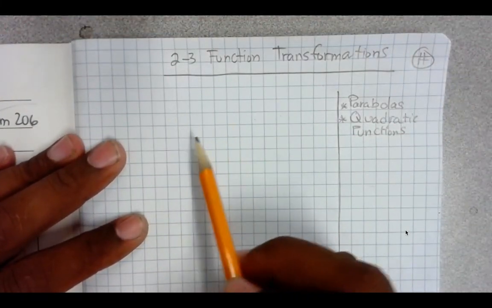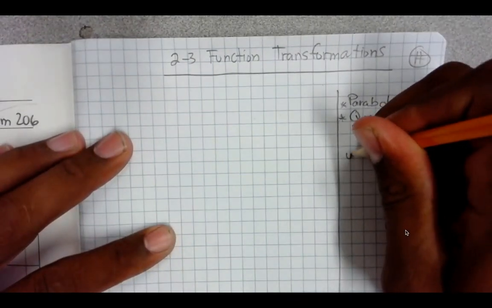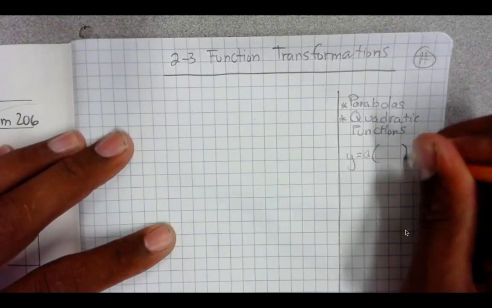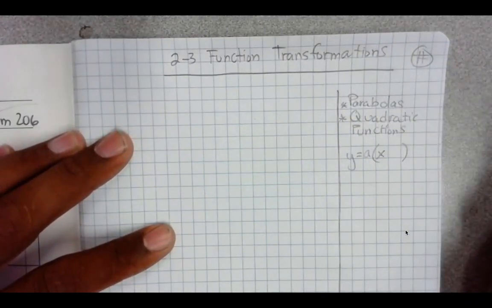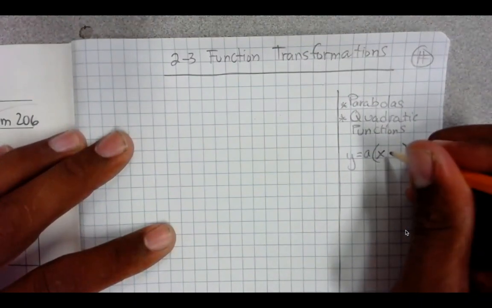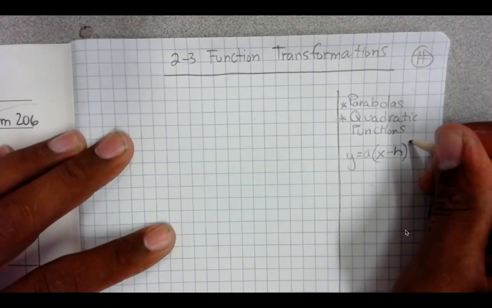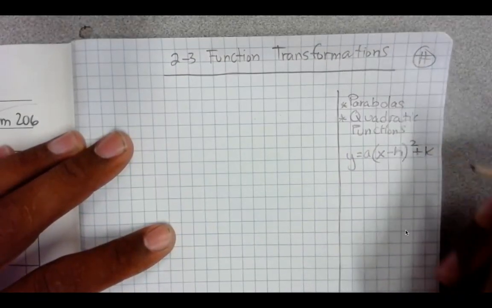Okay. And the formula for a quadratic function is y equals a times what? What goes in here? x what? No, x minus h, and then what goes up here? Squared, plus k.